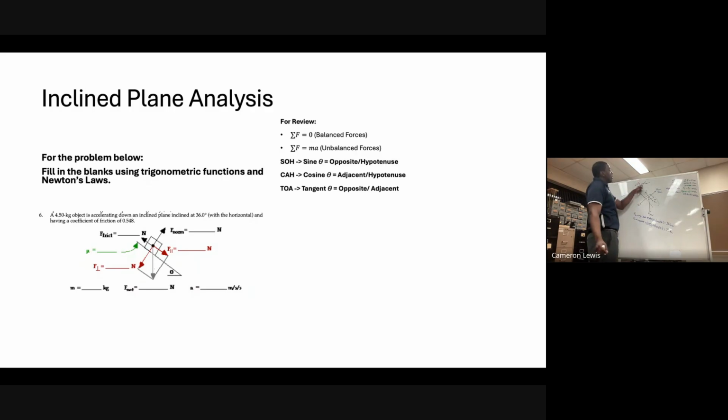So now we have mu and we have the normal force. So can we find the frictional force? The frictional force is equal to mu, 0.548, times the normal force, which is 35.6. So now the frictional force is equal to 19.5. So now we come over here and we can plug this in for the frictional force.